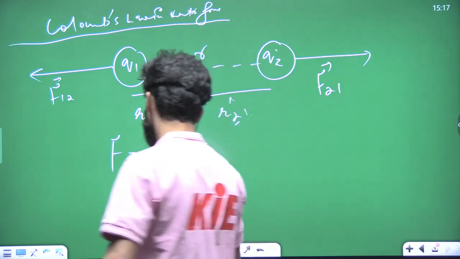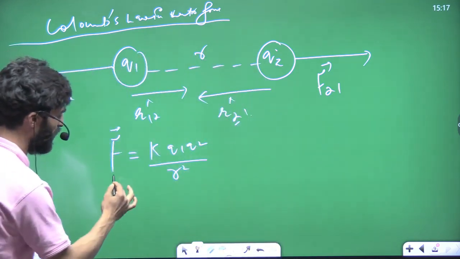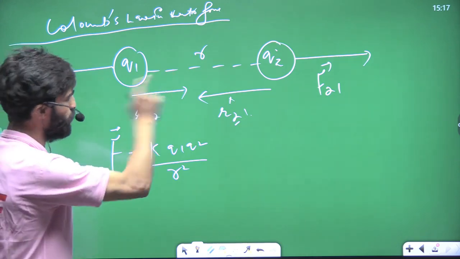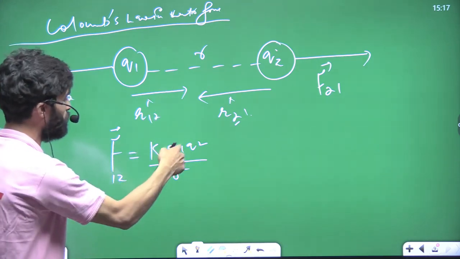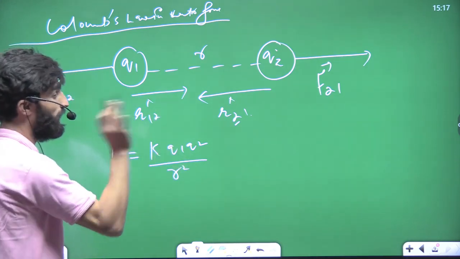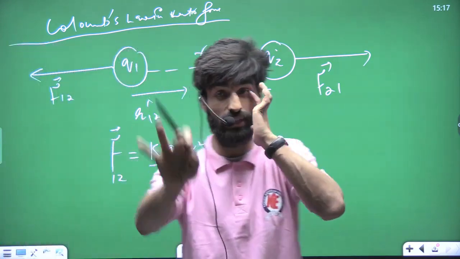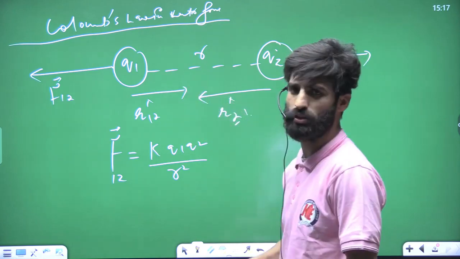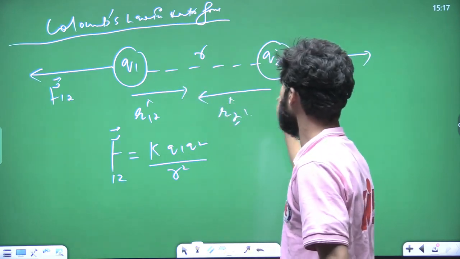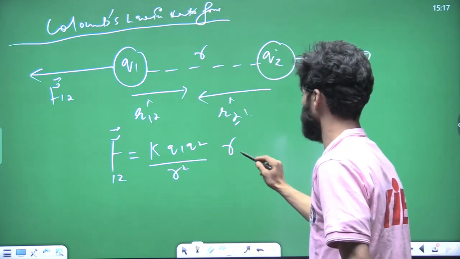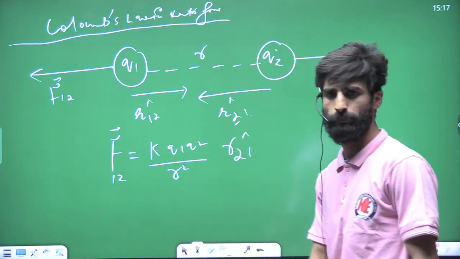So first of all I am going to calculate F12. That is the force on 1 due to 2, it is going to be K times Q1 Q2 divided by R square. And remember my dear, force on 1 due to 2 is when charge 2 is facing towards Q1. So the position vector of Q2 facing towards 1 is R21 cap.